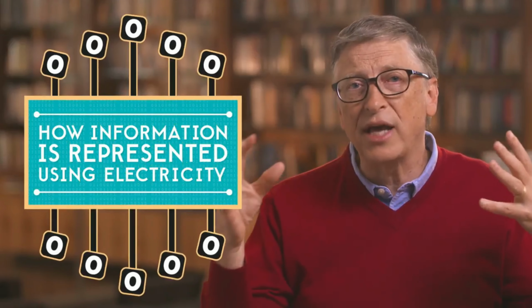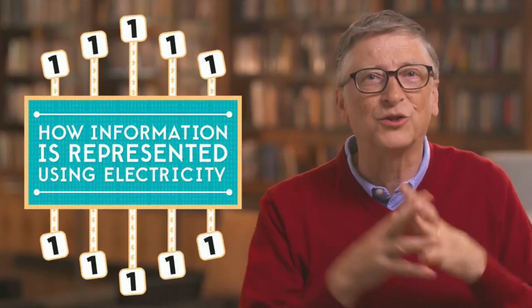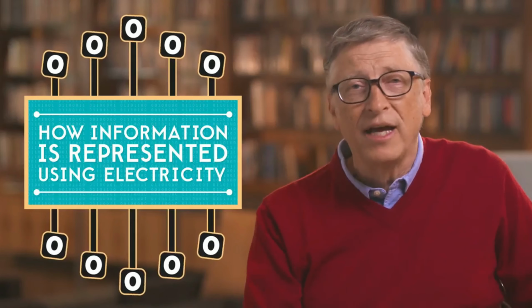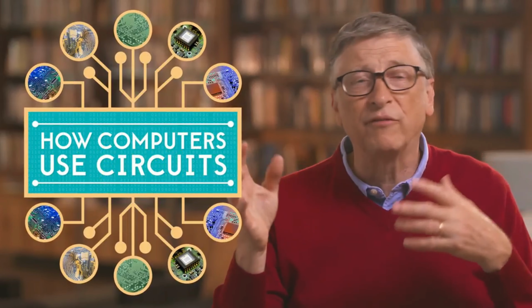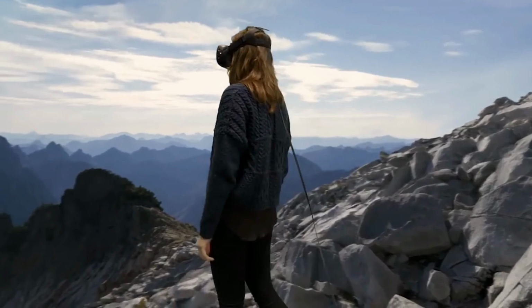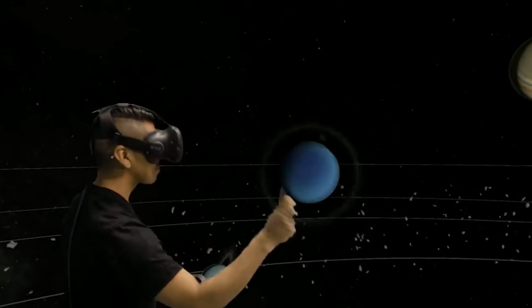Then you'll look at how information is represented inside the computer using tiny electrical signals going on and off at mind-boggling speeds. After that, you'll learn how computers use circuits to do everything from simple math to simulating entire virtual worlds.